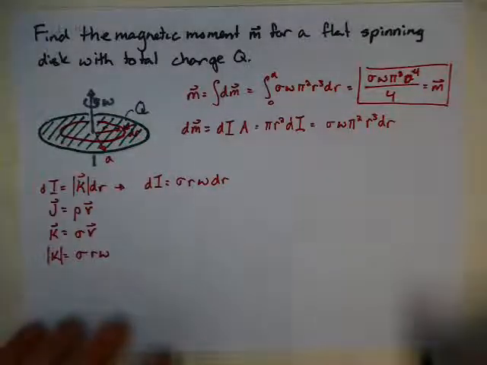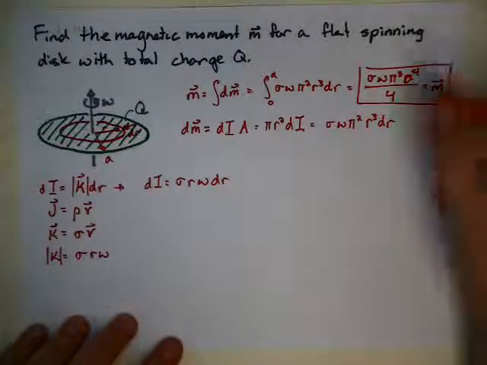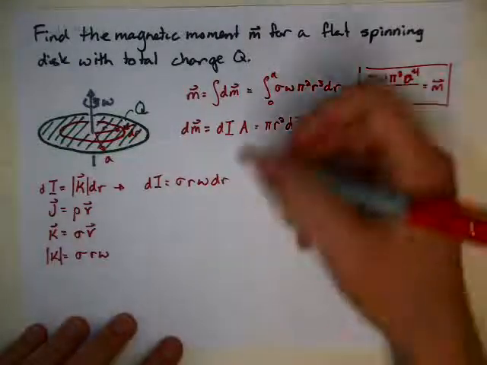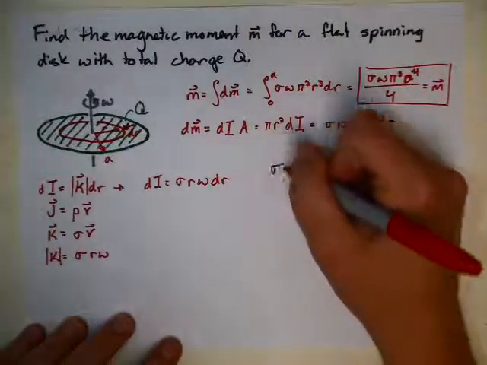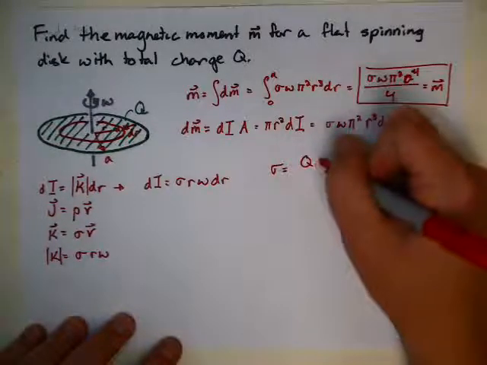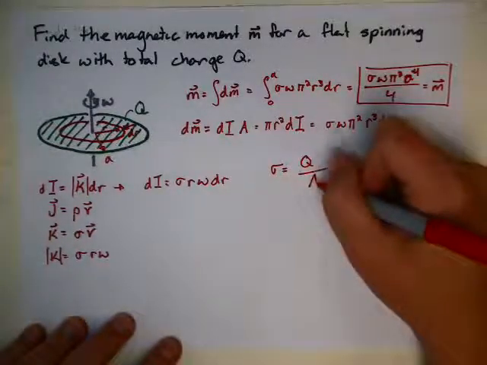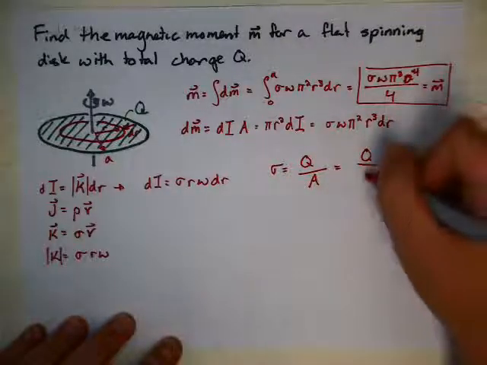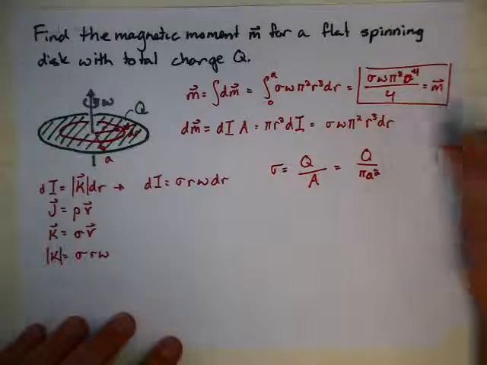I didn't say what sigma was, so I'm not quite done because we haven't figured out what sigma is. Sigma is the total charge divided by the surface area, which is the total charge divided by pi a squared.